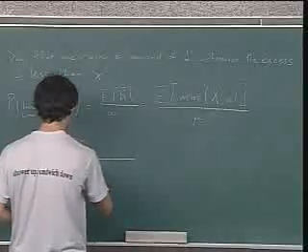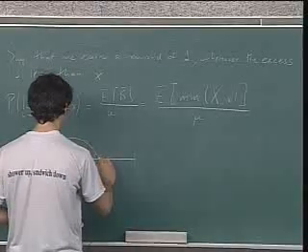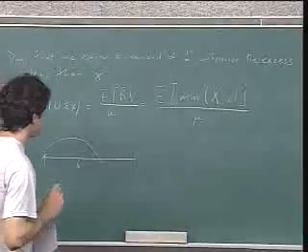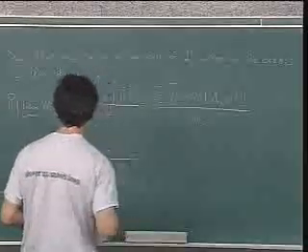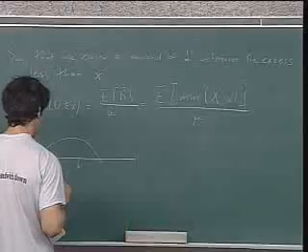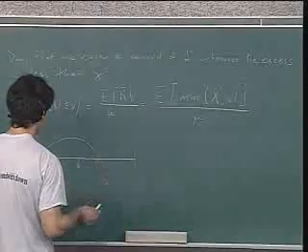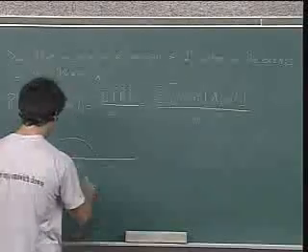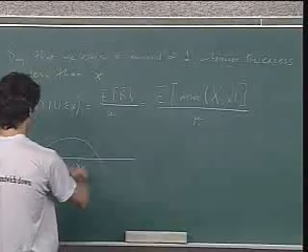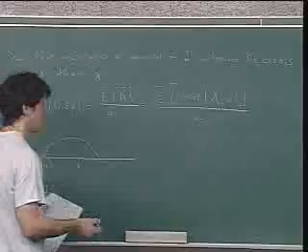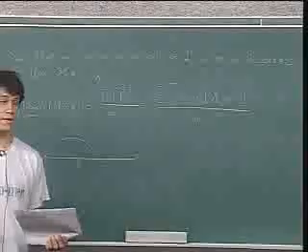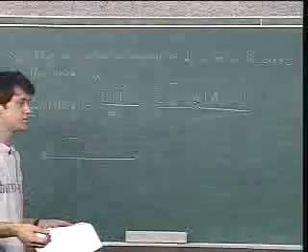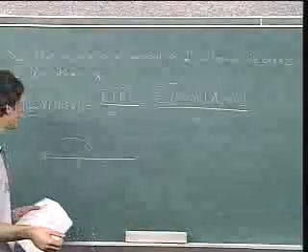Say that this is x. Let's say that the next renewal happens here. So when is the excess less than x? It's less than x in two ways. Well, it can be less than x if the inter-arrival time itself is less than x, right? Because then the time to the next arrival is obviously less than x.